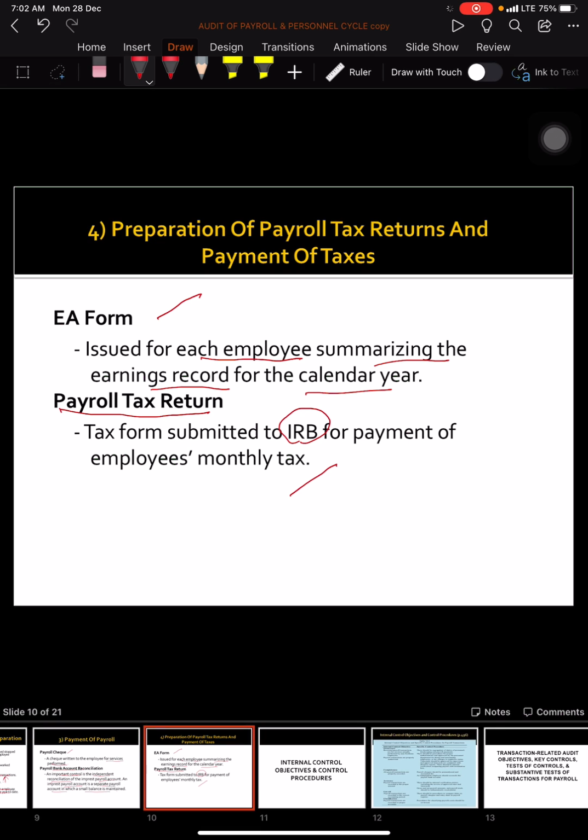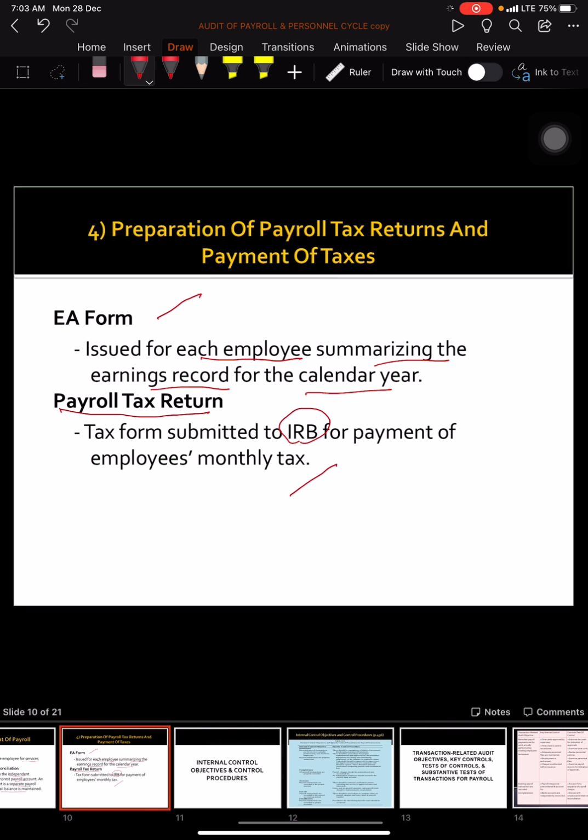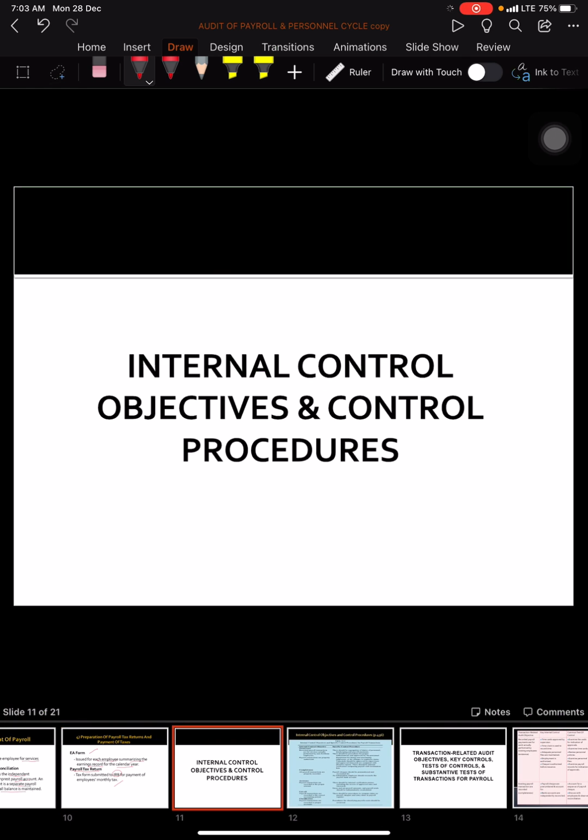Because normally at a certain salary, the company has to deduct from the employees' salary to pay to the IRB. Alright, so this one they have to see the transaction.